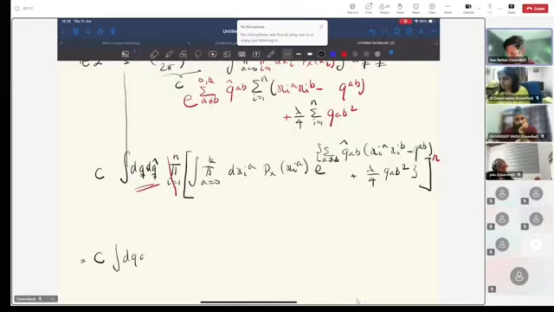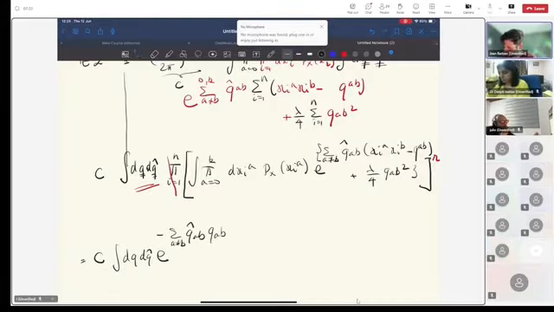I obtain dQ hat exponential sum a different than b Q hat ab Qab plus lambda over 4 sum of Qab squared.